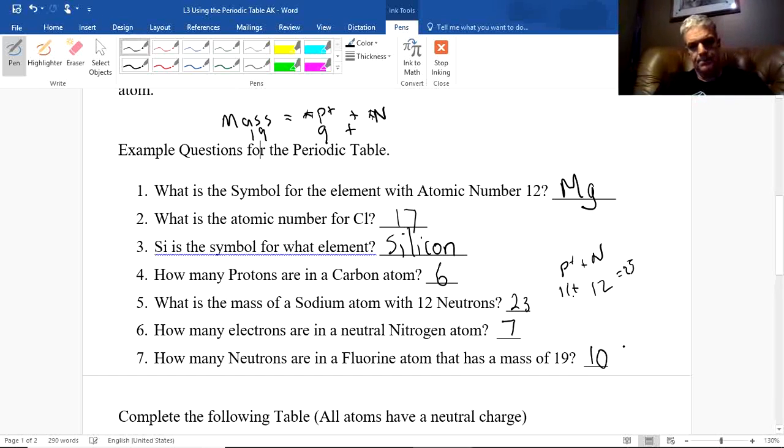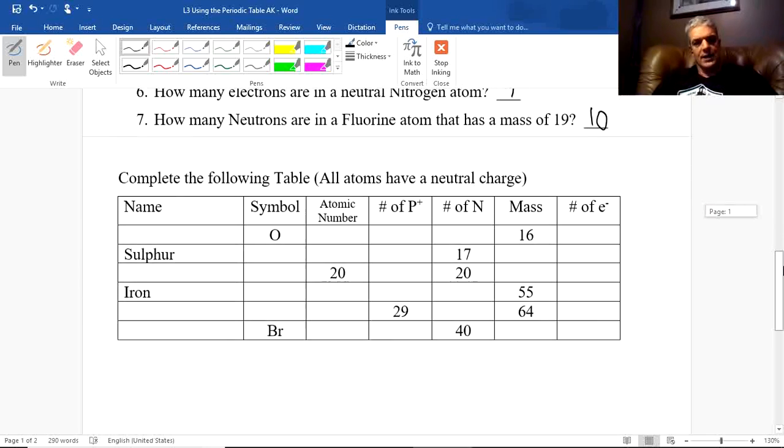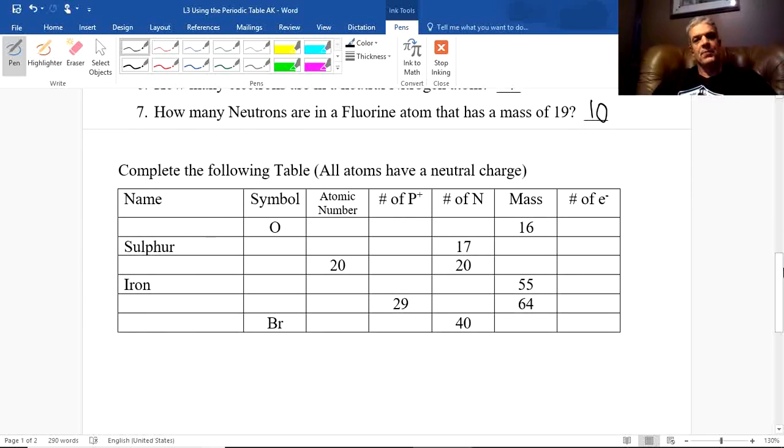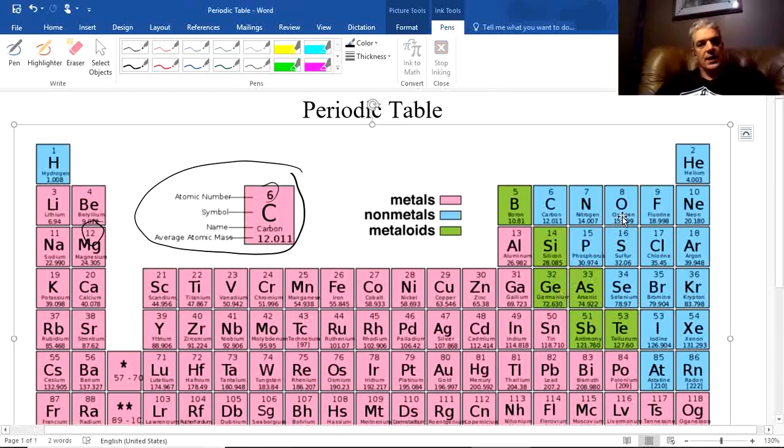Okay? And then I can create a whole unique class of questions on a table like this. And I'm going to go through these fairly quickly. I'll take my time, at least for the first couple. So the symbol is O. Many of you probably already know that the symbol O stands for oxygen, okay?